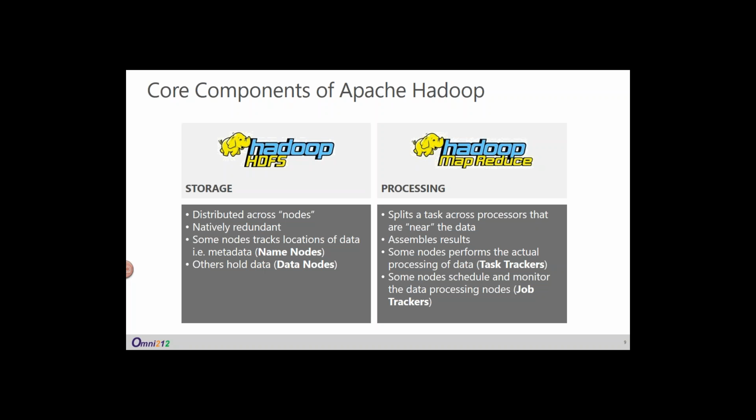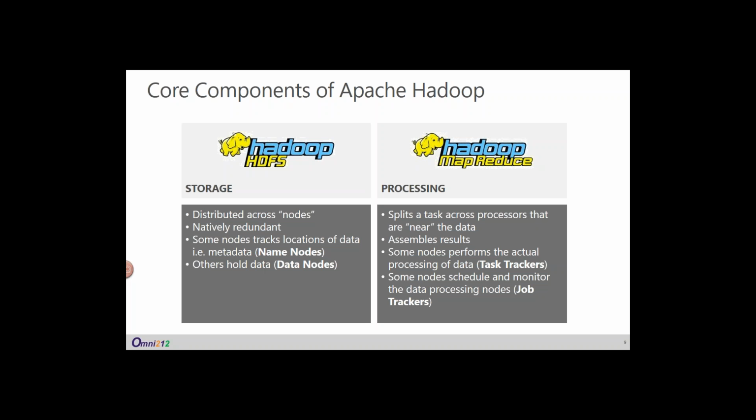The nodes are natively redundant in nature, which means even if any node fails, the system will automatically take care and make data available. Among all the storage nodes, some nodes track the location of the data, that is the metadata. Such nodes are called name nodes. The other nodes hold the actual data, and are called data nodes.